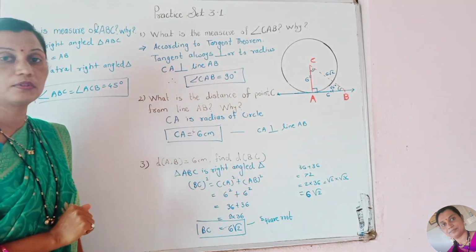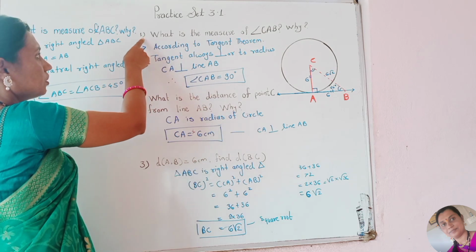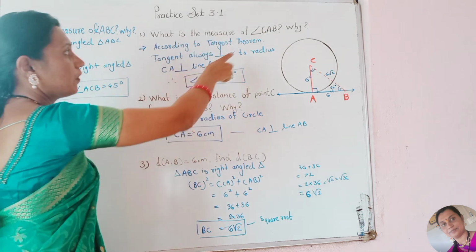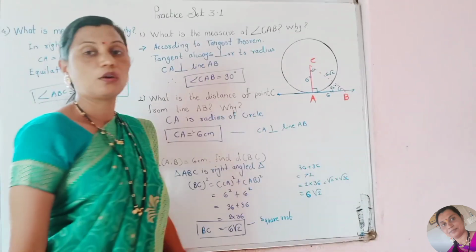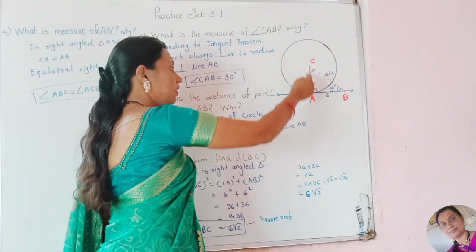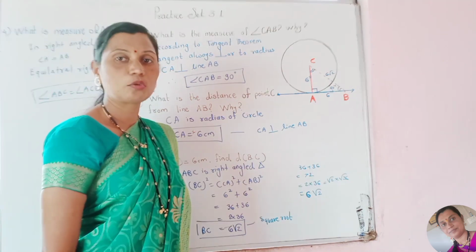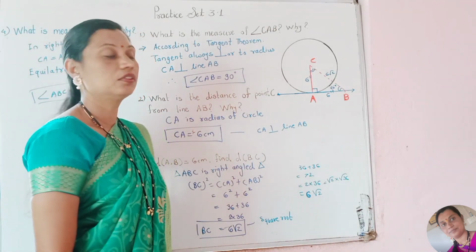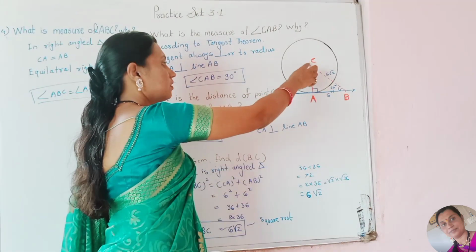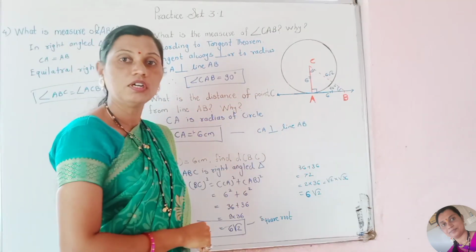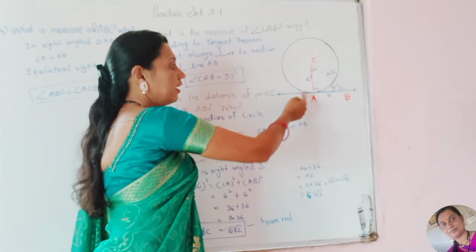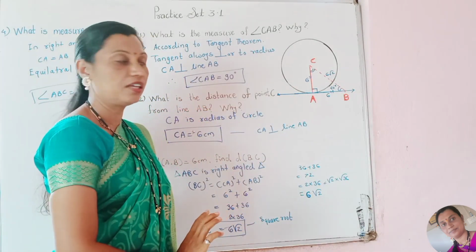Now we are going to solve the first question. What is the first question? What is the measure of angle CAB? Now we can see easily that CA is nothing but the radius of the circle, and about the tangent theorem, what does the tangent theorem tell us? Radius is always perpendicular to the tangent. Therefore, CA is perpendicular to the tangent AB.